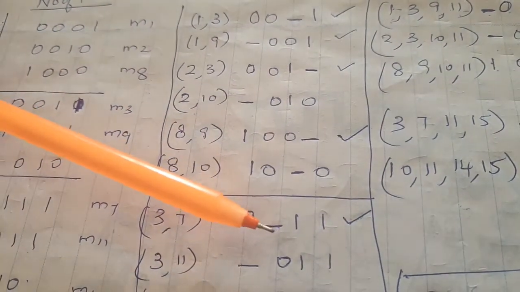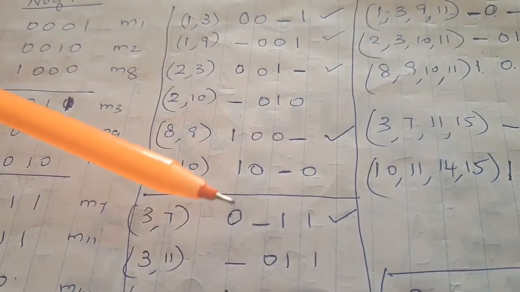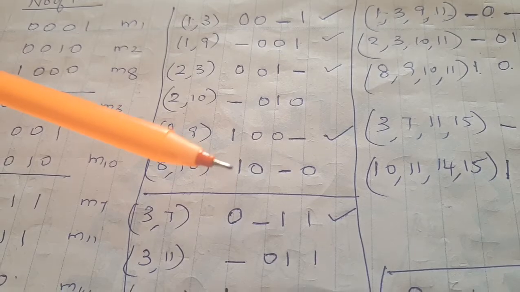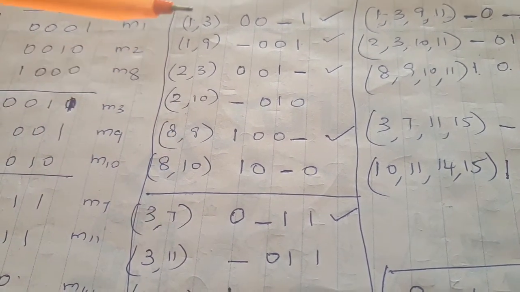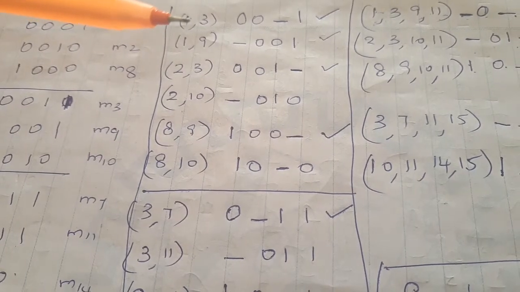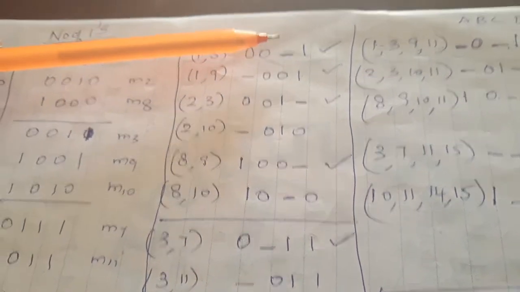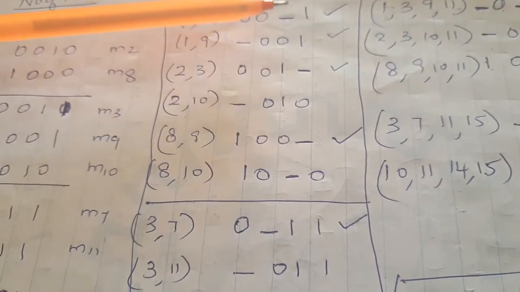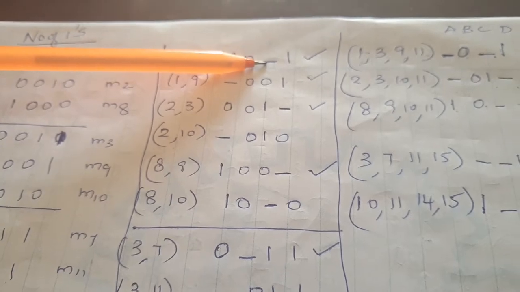Now we need to find out, there are two types of implicates, prime implicant and essential implicant. Prime implicant plays a vital role in denoting the final expression. So we have to find out which all are the prime implicant in this available format. So now for finding out the prime implicant, you need to compare the dashes.